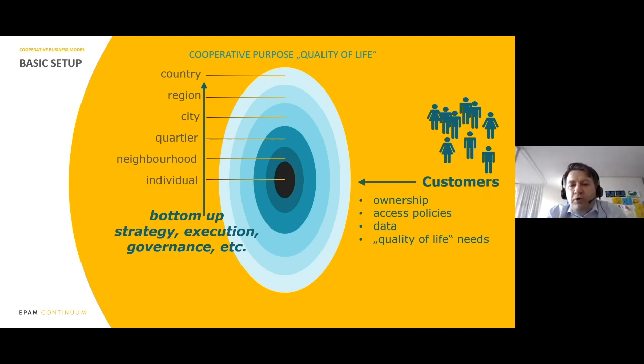So complete focus on the customer and the bottom-up execution of the definition of the strategy, as well as the bottom-up execution of the whole strategy, as well as the governance. So starting from the individual.